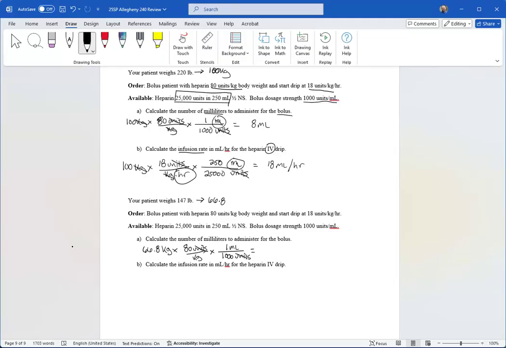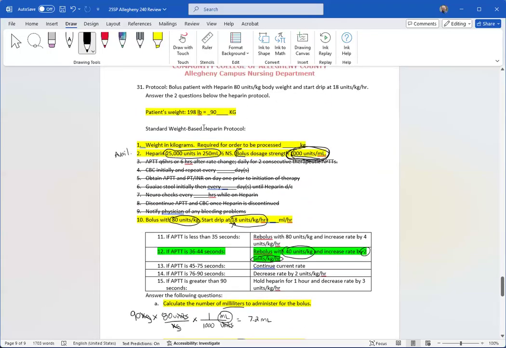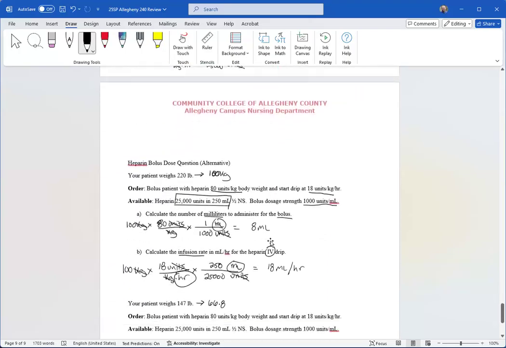I was wondering because we have to do the ATI modules before this, and I don't know if it just couldn't be put on ATI, but this wasn't on here at all. Do you know if this is something we're definitely going to have on the test? The heparin? Yeah. Yes, because you had it last semester too. So you'll definitely have the heparin protocol on your test. What's written here is part of your packet. I just added these here.